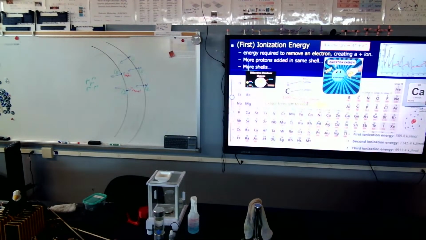The first outer electron is going to be easy to remove. It only takes us about 600 units of energy. The second outer electron is going to be a little bit harder, about 1100 units of energy. The third one's going to be really hard because once you take away 2, that outer shell is gone.